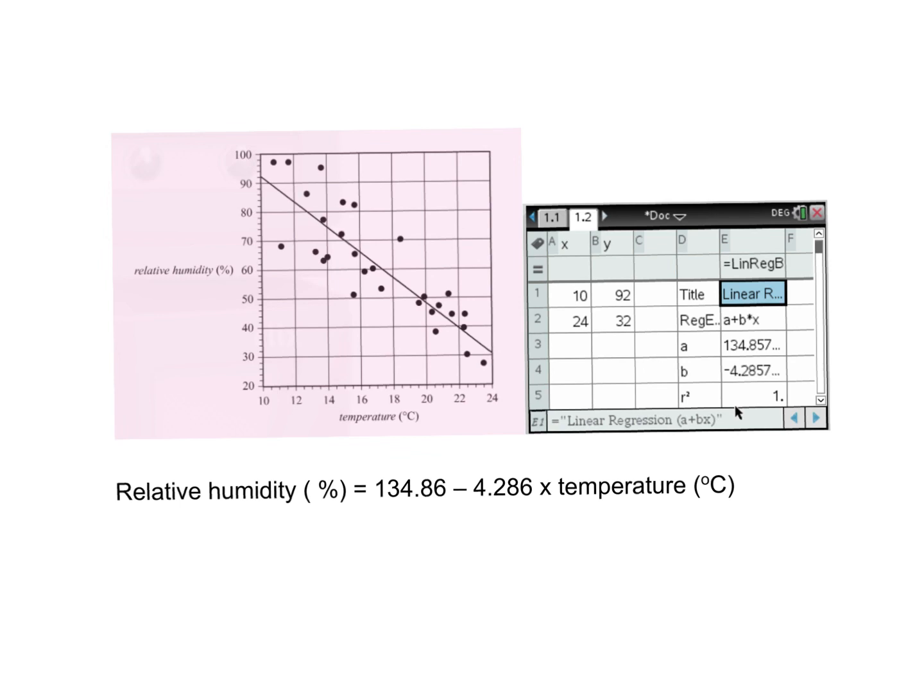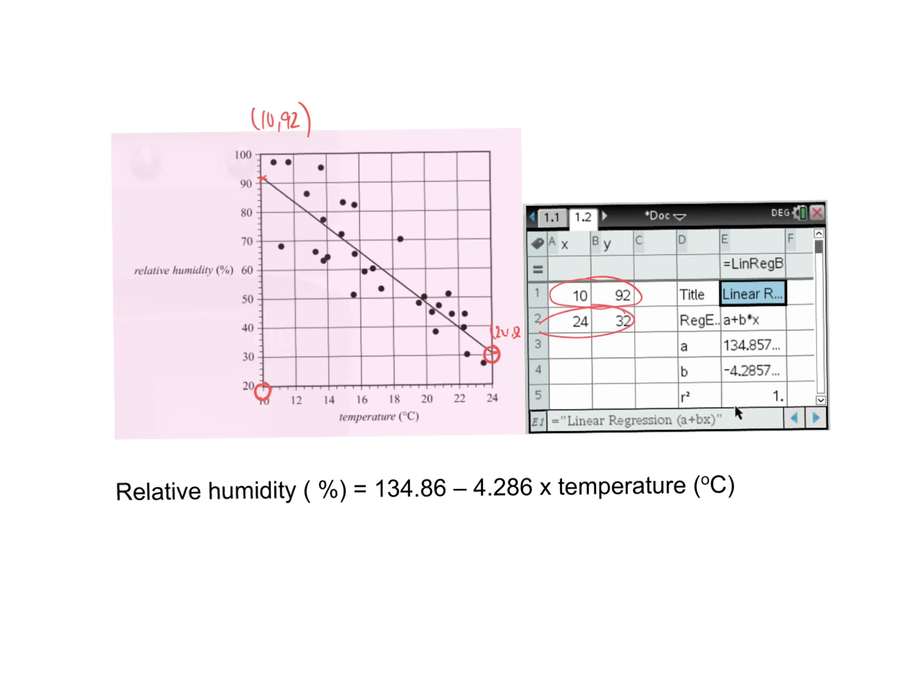If you have a look at what I'm doing here, I've found 2 points. I went to the 10, up here, and I could see it crossed through 92. So that point was 10 and 92, and you can see I've put it in my list. Then I found another one. I went to 24 because it crossed fairly close there, and I could see it crossed at 32, so that one was 24 and 32, and I used that as my other point.